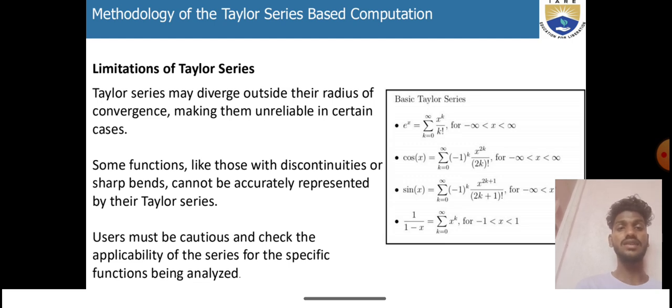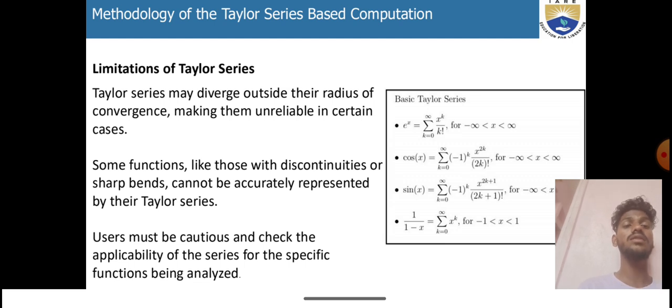Some functions, like discontinuous functions and those with sharp bends, cannot be accurately represented by the Taylor series. This is one of the limitations. Users must be cautious and check the applicability of the series for a specific function being analyzed.